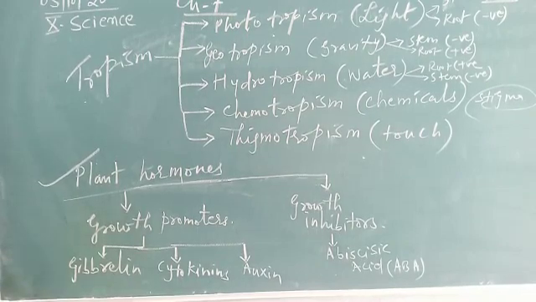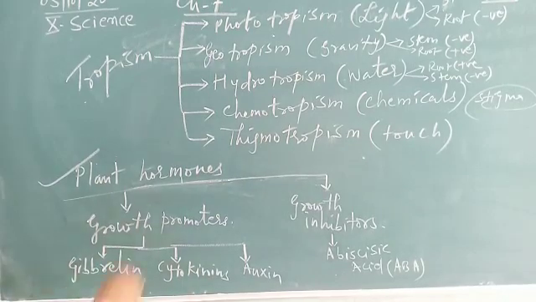Control and coordination means hormone action is the main weapon to respond to various stimuli. Plant hormones coordinate and control behavior, growth and response towards stimuli. They are also known as phytohormones. Phyto means plants, so plant hormone.